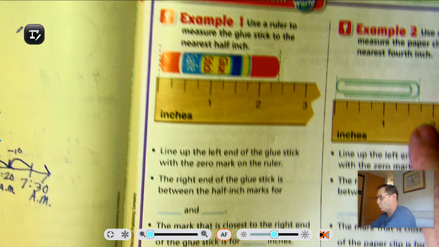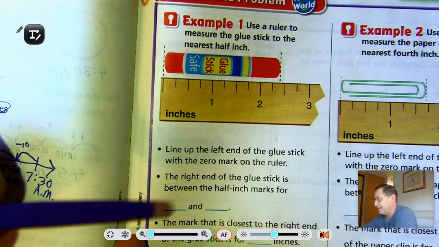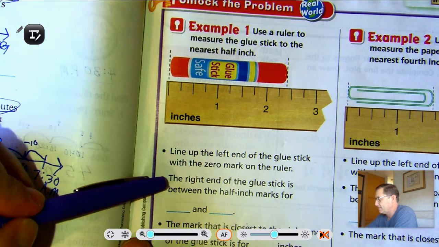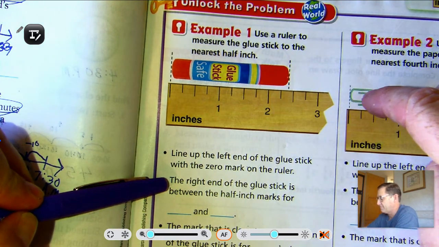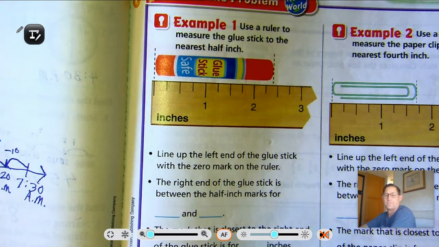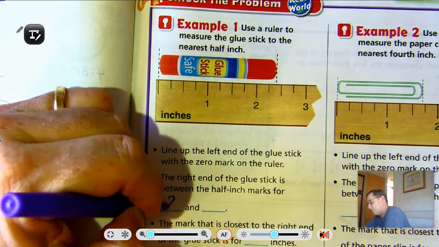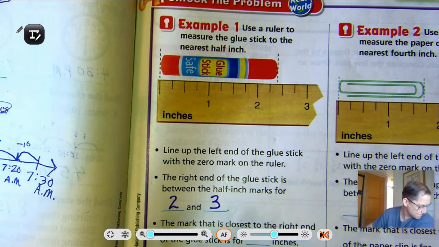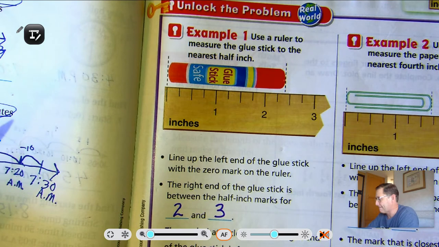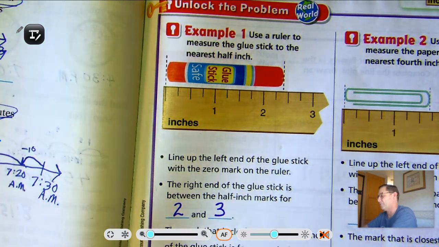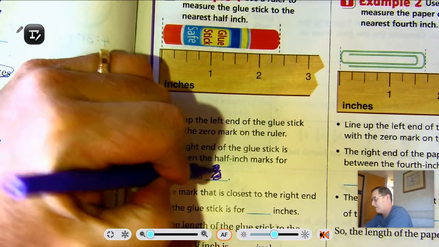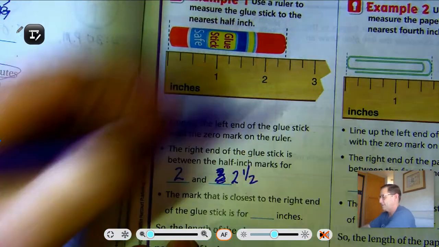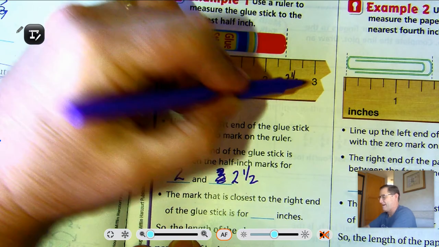So what do we do in that case? Well, line up the left end like we just said with a 0 mark on the ruler. The right end of the glue stick is between the half inch marks, 2 and 3. Oh, I'm sorry, not 2 and 3. 2 and 2.5, because this is 2.5 right there.